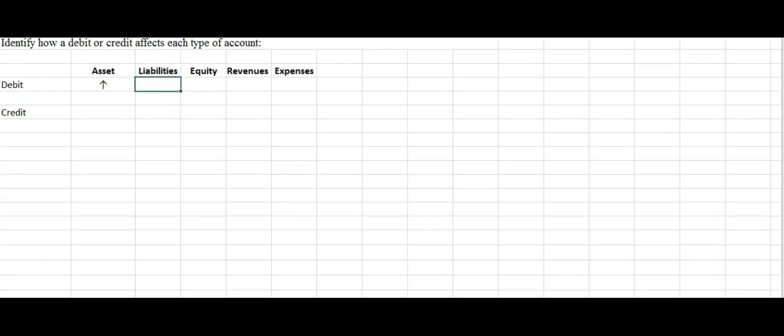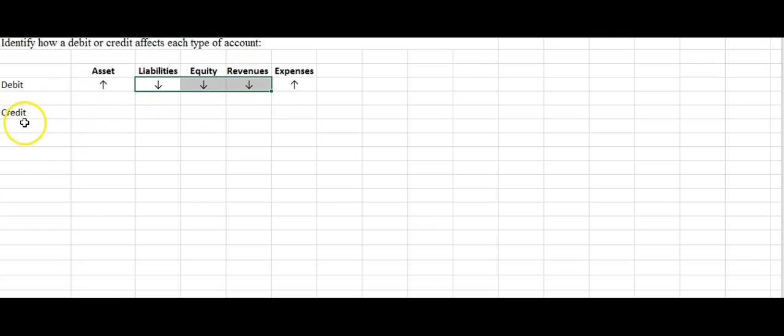Liabilities go down with debits. Equity goes down with a debit, right? Revenues go down and expenses go up, okay? So the two in the corner go up with debits, and the three in the middle go down with debits.